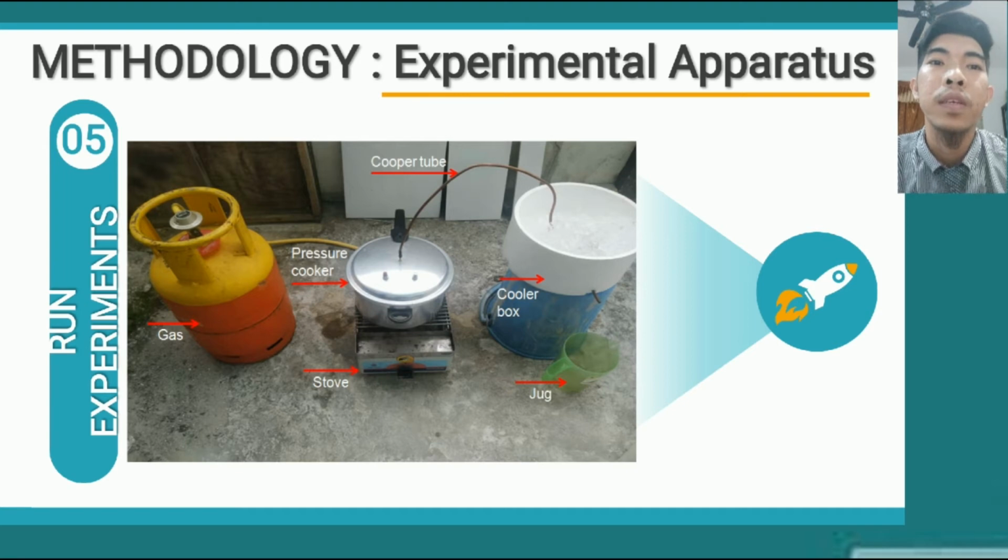Okay, so to run the experiment, this experiment is conducted with different parameters, to identify which parameter gives the largest amount of fresh water produced. The steam distillation setup involves two main parts, the condenser and the boiler.